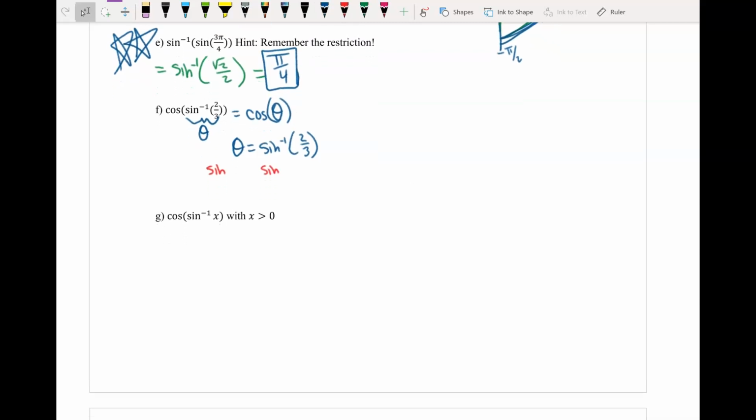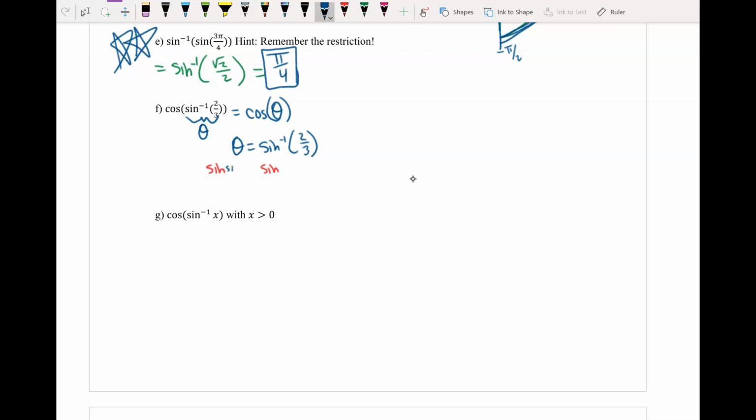And you can see what happens here: you'll have a theta here, and you'll have a sine of sine inverse of 2/3, so that's going to cancel out, because 2/3 is within the restriction. So you get that sine theta is equal to 2 over 3.